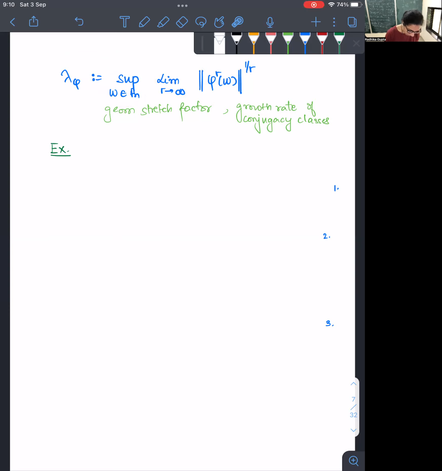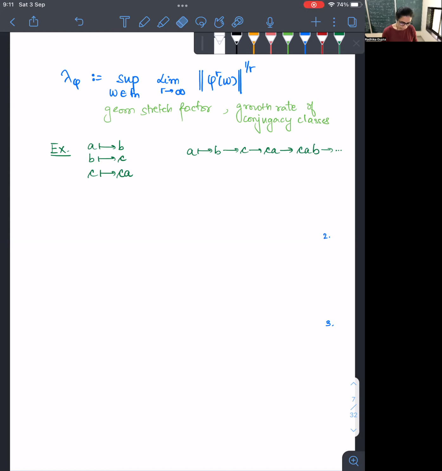So let's look at an example. Let's look at this free group automorphism, which I said is fully irreducible. And then let's pick w to be a. I keep applying phi to it, and then I count the word length, let's say in the basis a, b, c. So I have 1, 1, 1, 2, 3, and so on. And I want to know how this is growing.